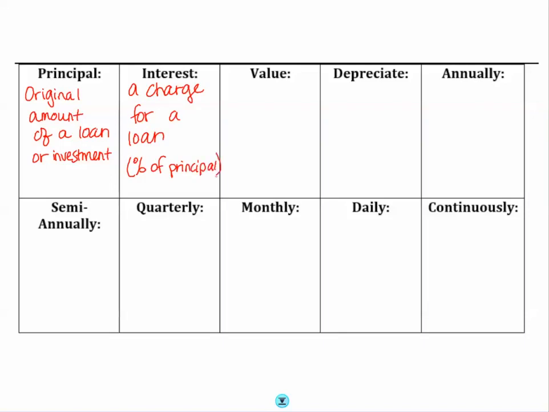It's calculated as a percent of the principal. Value is how much something is worth. Depreciate means to decrease in value.